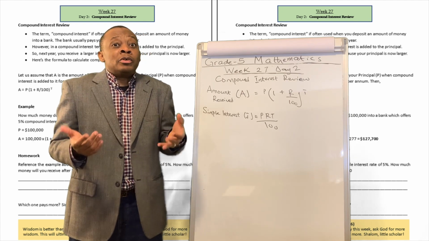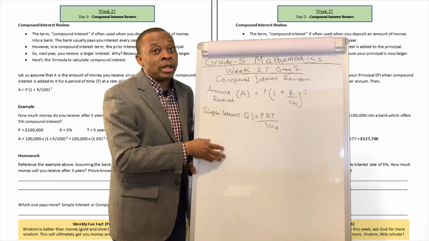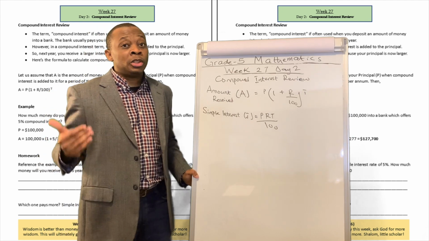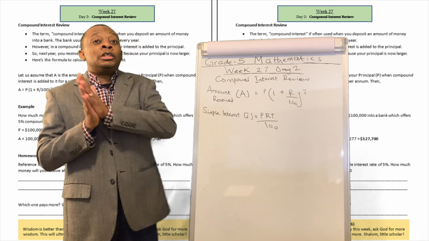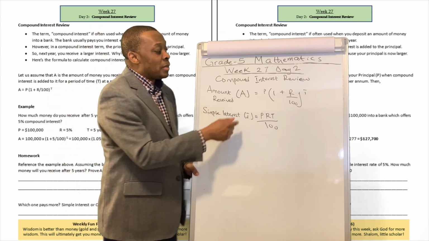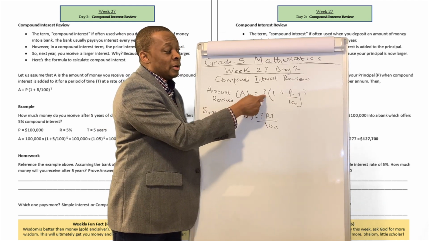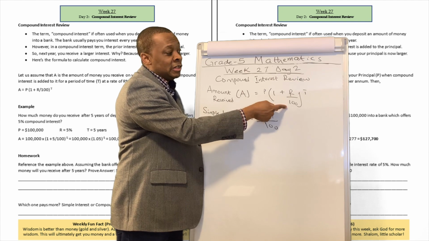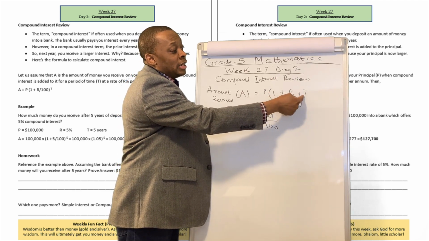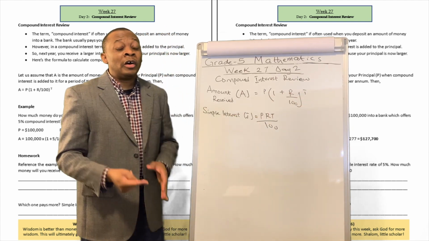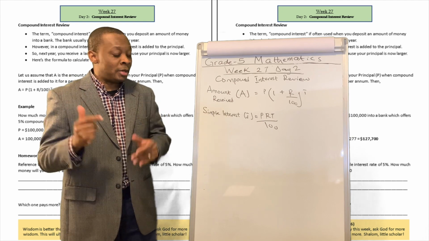So you get to make more money in a compound interest situation, and the amount of money returned to you after the period is over may be calculated by this formula: P multiplied by (1 plus R divided by 100), and everything raised to the power of the time period.